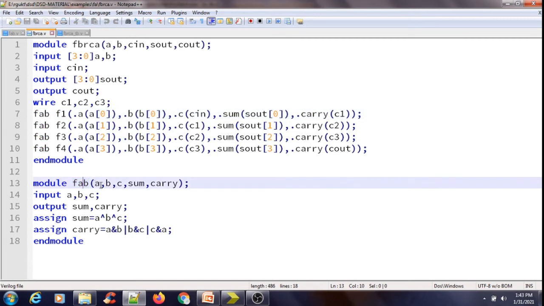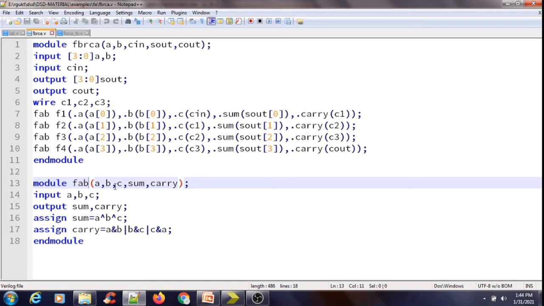Inputs come first, A, B, C, and next sum and carry. So the port list should be present as it was defined at the time of module definition, okay. Whenever your full adder FA is being called, the definition is present here.